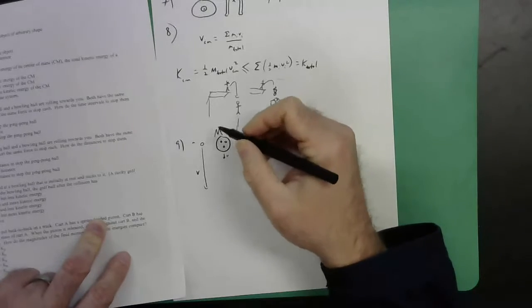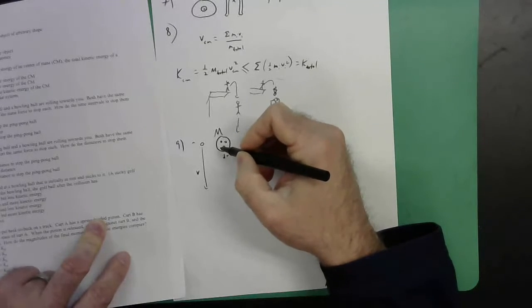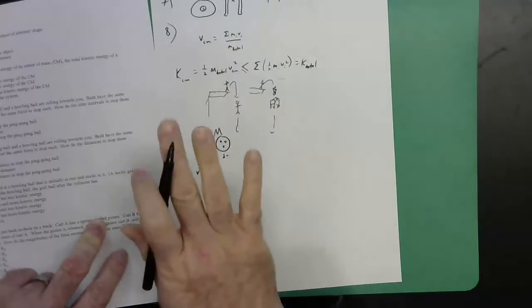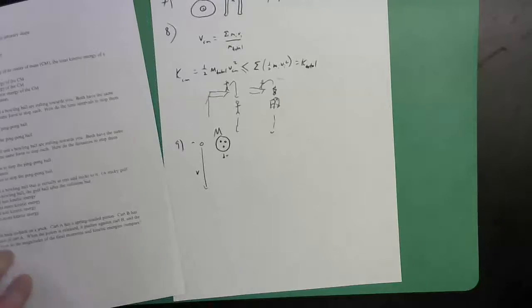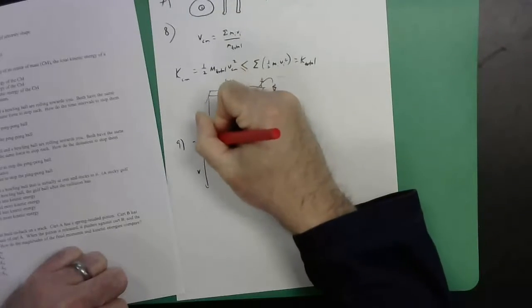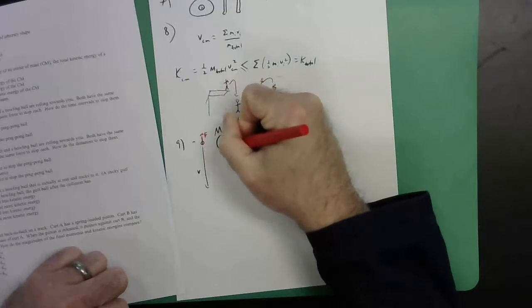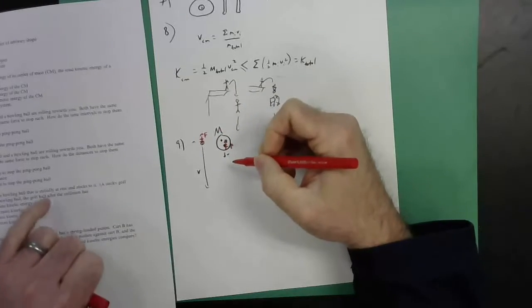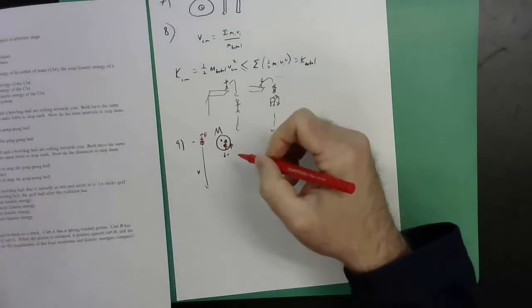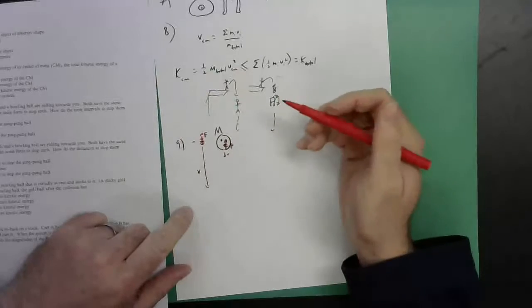So the question now is, if I push on both with the same force to try to stop them, how do the time intervals that I'm pushing compare?